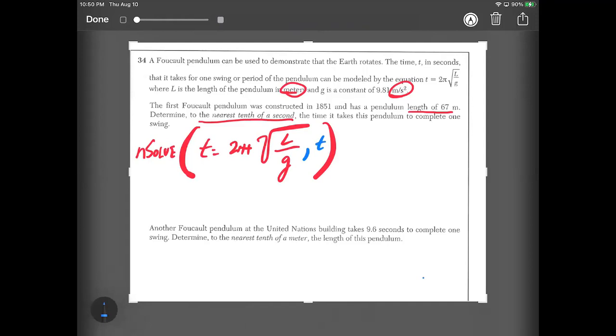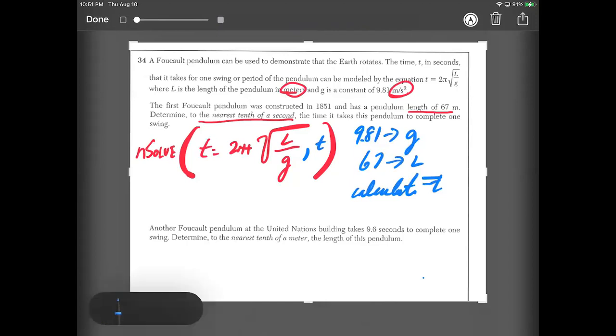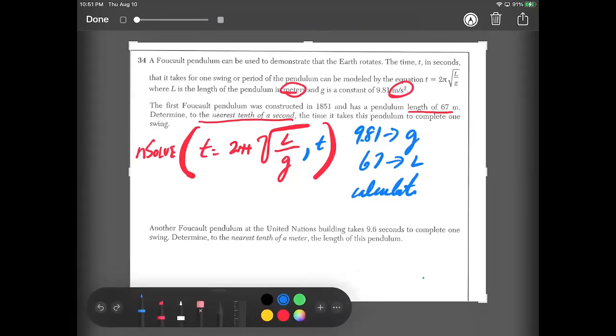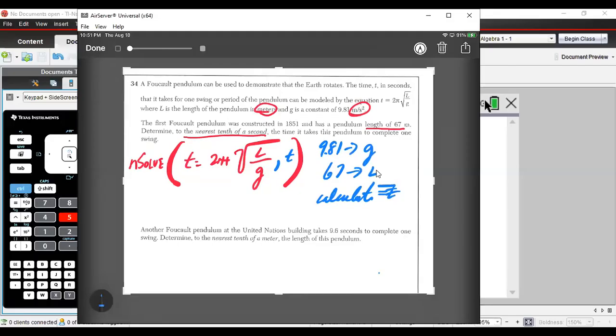We're going to store 9.81 into G. We're going to store 67 meters into L. And then we're going to calculate T using nsolve.